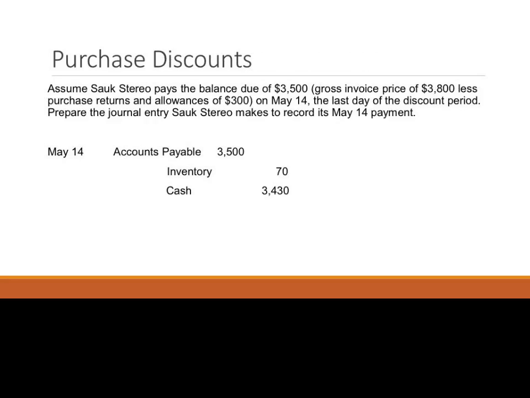Now you'll notice on that invoice that the terms were $210 net 30. That means that I have 30 days in which to pay them the $3,500 that I owe them. And if I decide to pay them earlier, within 10 days of May 4th, then I can take a 2% discount.